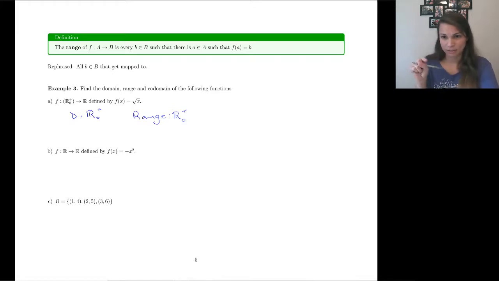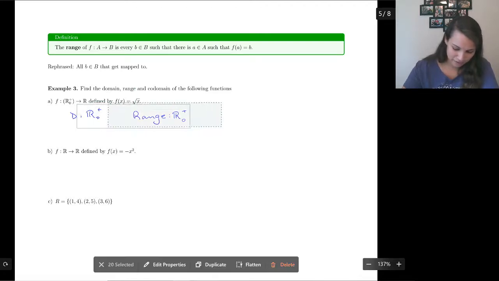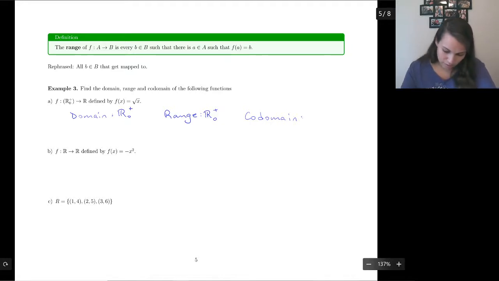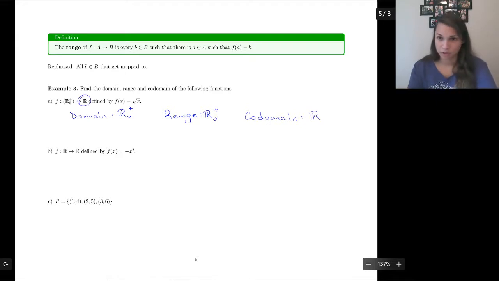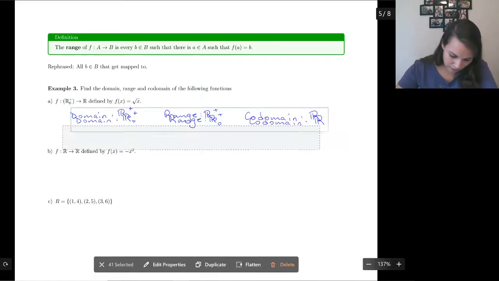By the way, that's what that little 0 down on the bottom is. This is the reals and also 0. And then the codomain is going to be all of R. You can just pick the codomain off of right there. Okay, let's go ahead. Let's do it again.